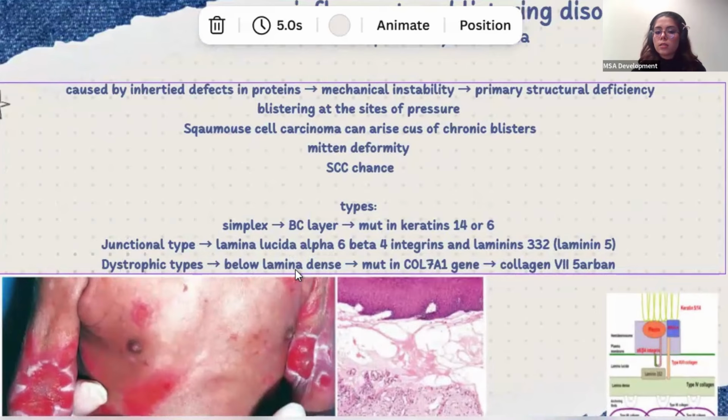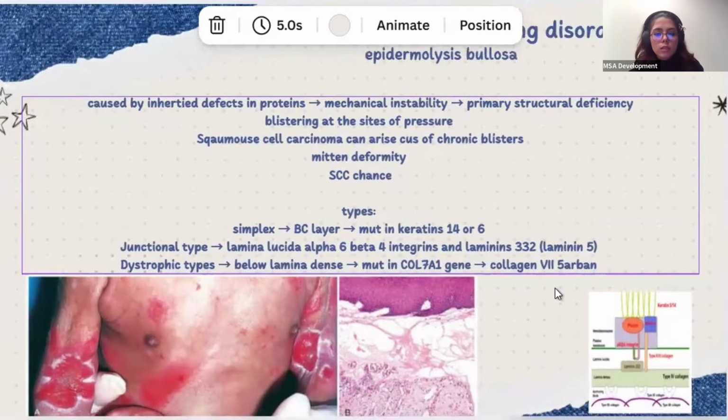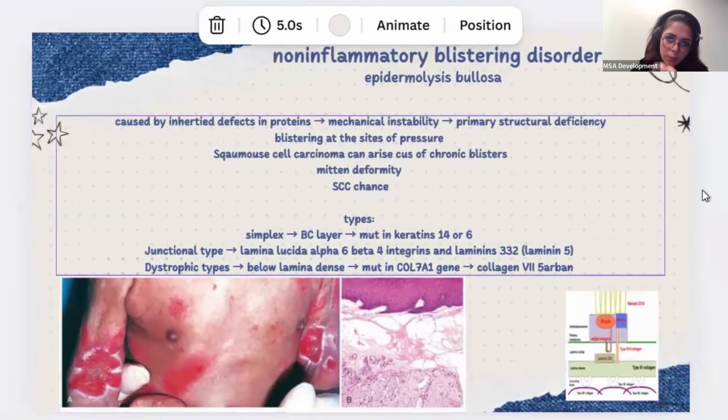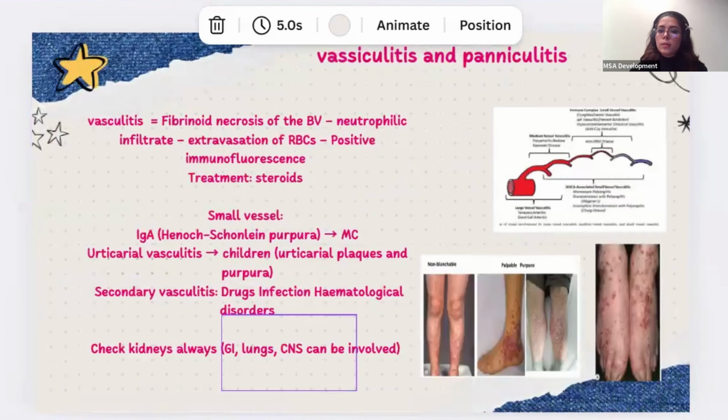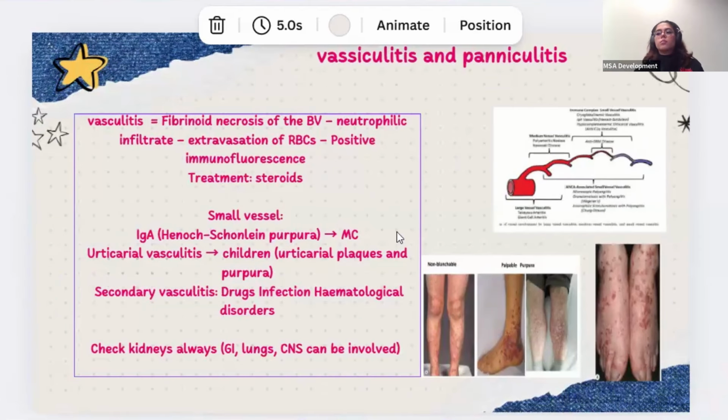Dystrophic types are below the lamina densa, with a mutation in the COL7A1 gene. This is not really that important. Just know it's usually in babies who are born. If there's a lot of bullae on a newborn, you think epidermolysis bullosa.